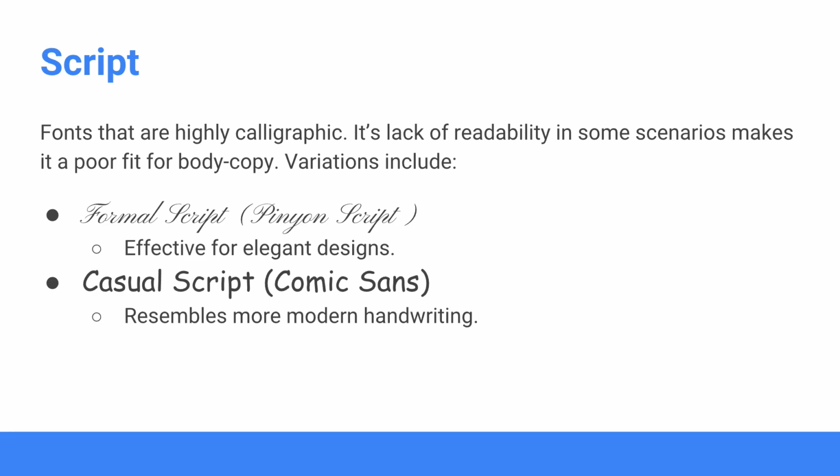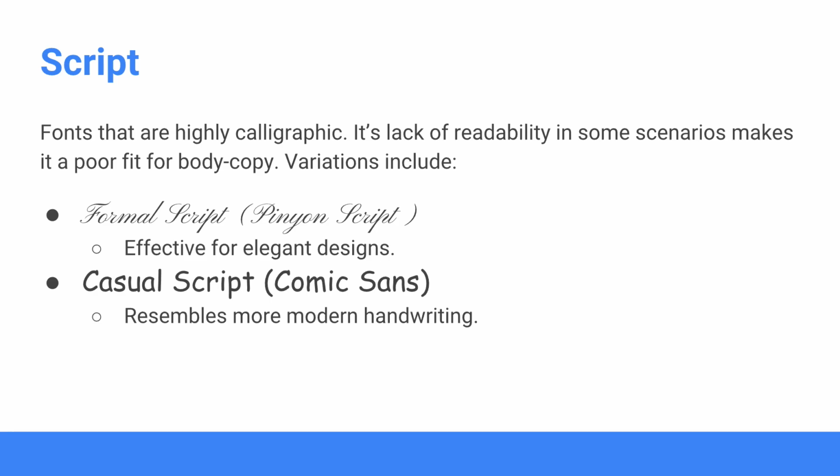The two biggest script types are formal script and casual script. Formal is usually quite effective at elegant designs as long as you're not using it for body copy. This could be a great fit for maybe the title of a flyer or a site, but absolutely not for body copy. Then casual script is actually a semi good fit for body copy depending on the font type.